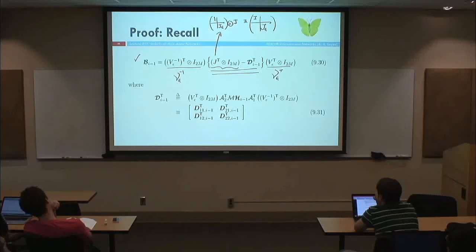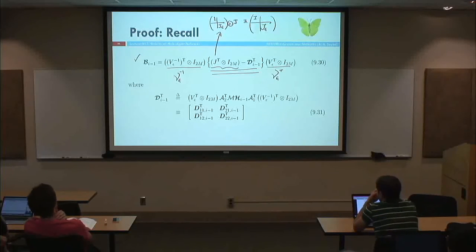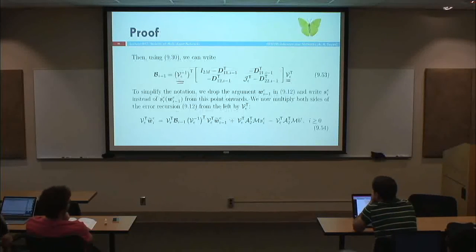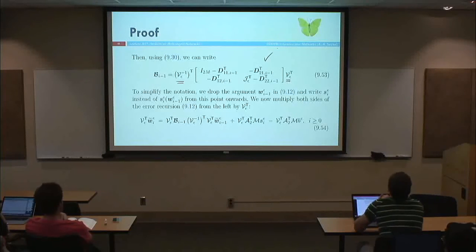You will get I minus D11, minus D21, minus D12, and J epsilon minus D22. Here it is.